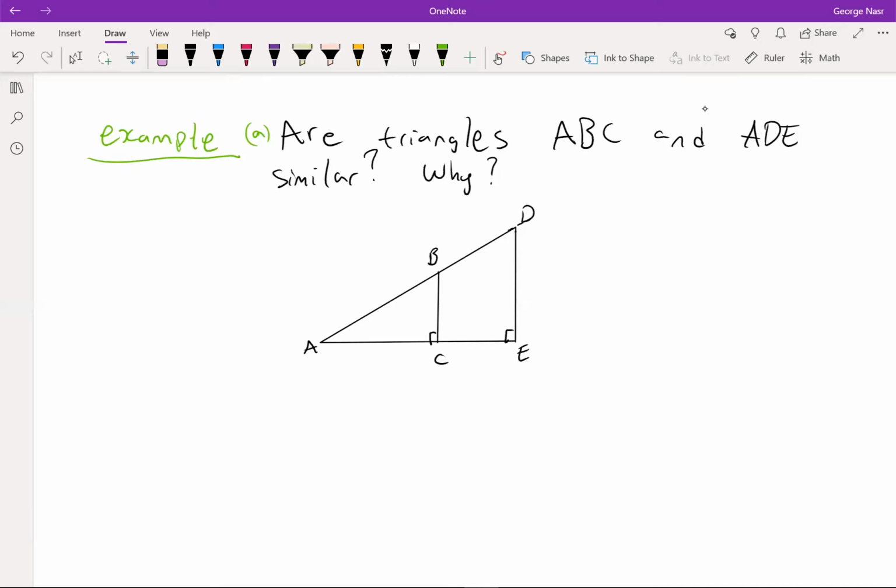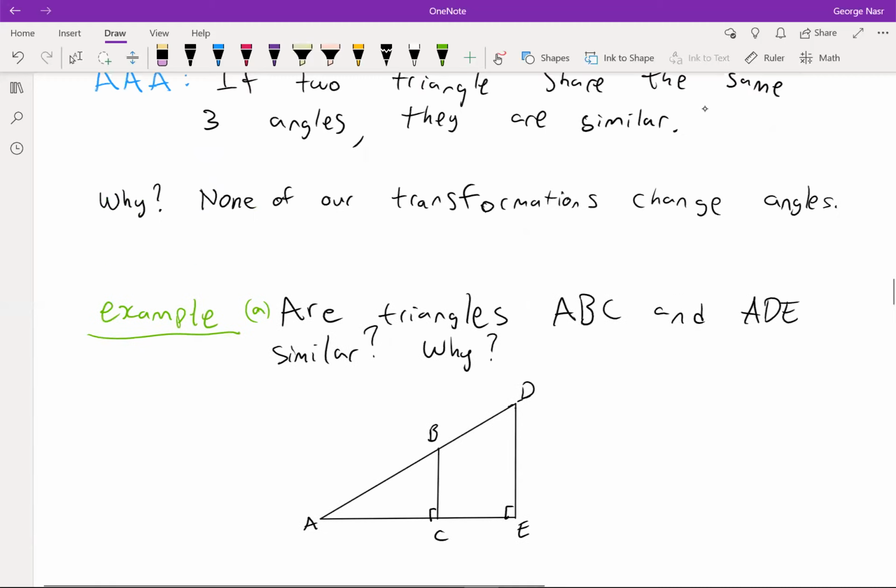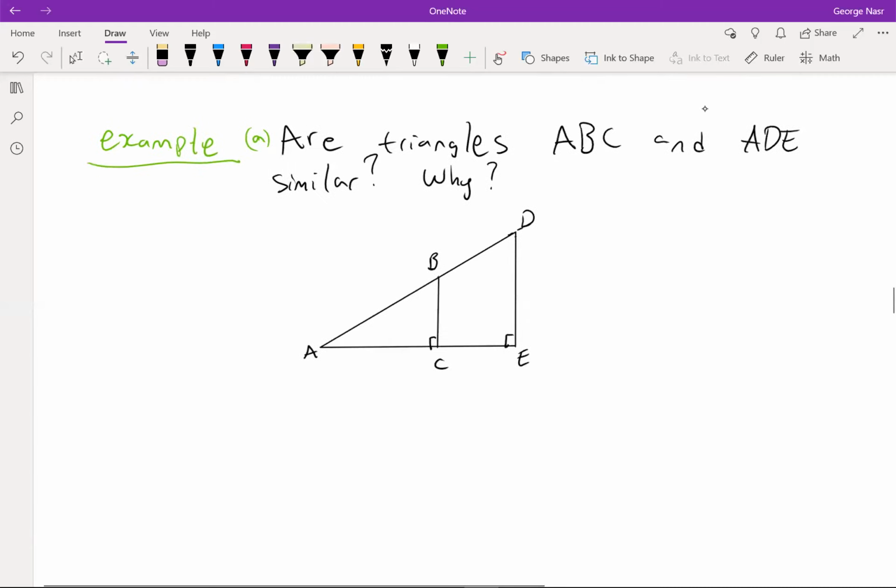You could look and probably say, yeah, these look similar in at least the English sense, but it's a little bit harder to tell that this is really true. And so what we want to do is try to use this congruence tool we just learned, AAA. So let's try to do it.